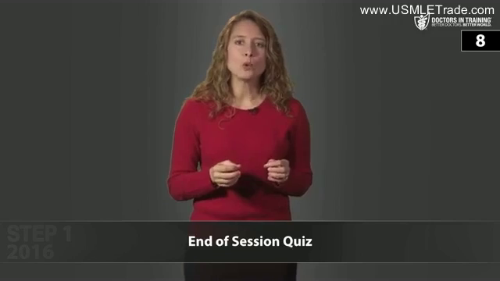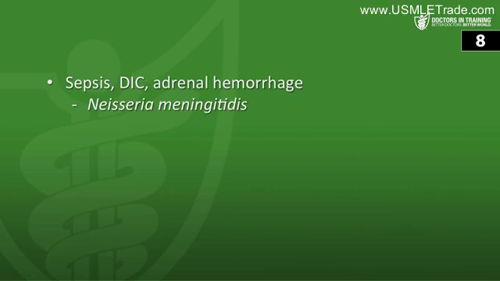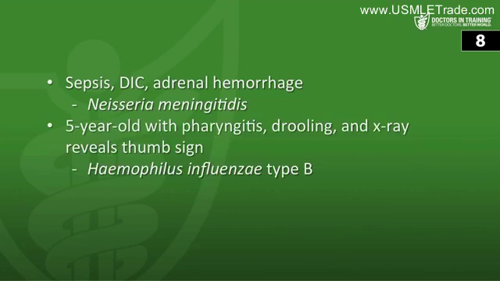What gram-negative organism matches these following descriptions? Sepsis, DIC, and adrenal hemorrhage. This is Waterhouse-Friderichsen syndrome of Neisseria meningitidis sepsis. 5-year-old with pharyngitis, drooling, and x-ray revealing a thumb sign. This is classic epiglottitis of Haemophilus influenzae type B, which, again, we don't see much of anymore thanks to the Haemophilus influenzae type B vaccine.